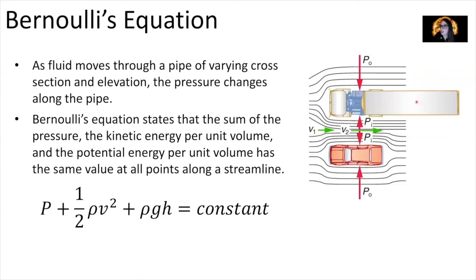Here in this figure, we've got a semi-truck moving this way, and a car also moving, both moving to the left. All these black lines are the streamlines of the fluid. A particle of fluid, or a molecule of air, is going to want to follow along this path.